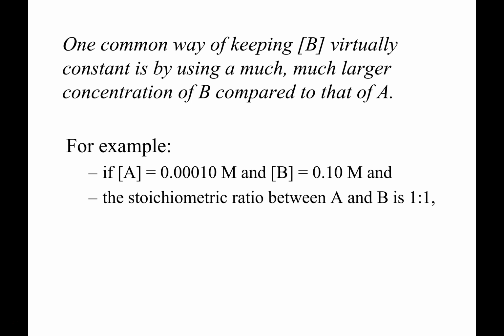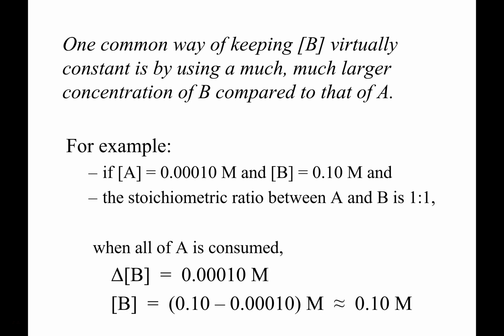But notice that A is the limiting reactant. We talked about limiting reactants and reactants in excess. So at the end, when the dust finally settles and all A is consumed, we're still going to have almost 0.1 molar B. So essentially, B is held constant. It's a trick. B will go down just a smidge.